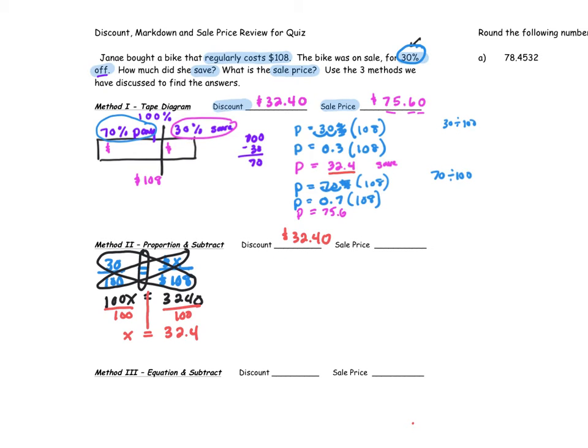So we would then have to go one more step, which means we would take 108, and we could attach decimals onto it, since this number we're working with has a decimal, and we're taking away $32.40. So we're subtracting the amount that we save. And when we do that, we have to borrow here, and again, you can use your calculator, which is great.